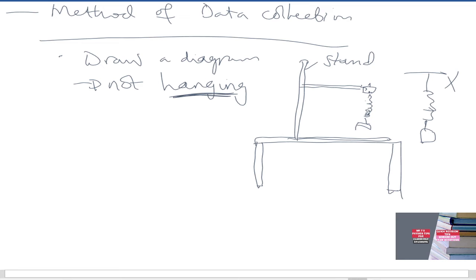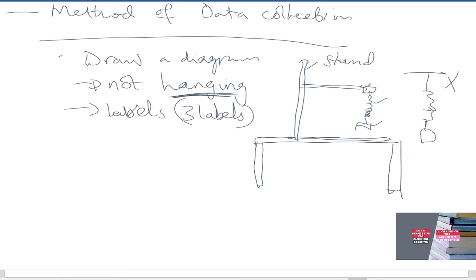And then you must show labels. Very important: at least 3 labels of not so obvious equipment must be included. In this case, you can have your spring there, you have your mass, you have the stand.